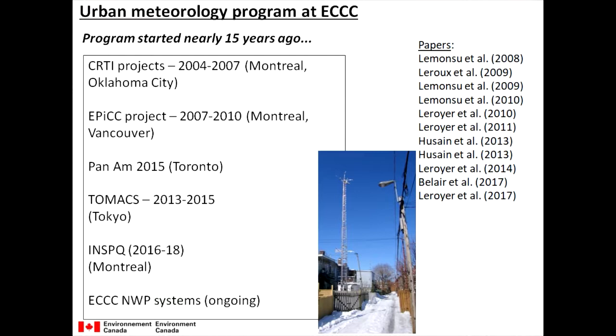It started with the CRTI project in Montreal and Oklahoma City, and the EPiCC project, Environmental Prediction in Canadian Cities. This was a CFCAS project, and there were long-term measurements in Montreal and Vancouver. So it allowed us to evaluate the new urban scheme, the Town Energy Balance model that is included in the weather prediction system.